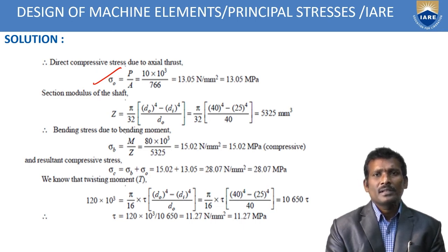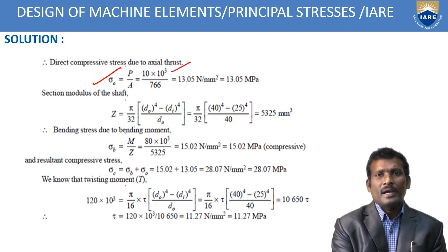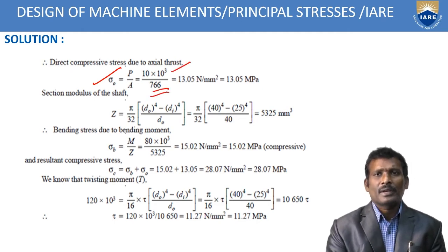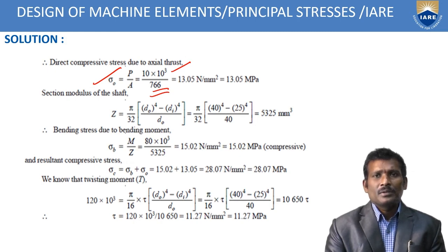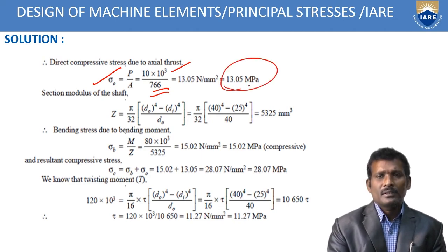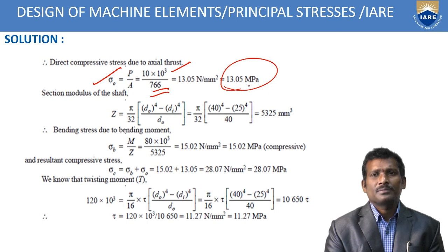The given load is 10 kilonewtons, and the area we have already calculated. Substitute those values in this equation and you will get the direct compressive stress, that is 13.05 megapascal.